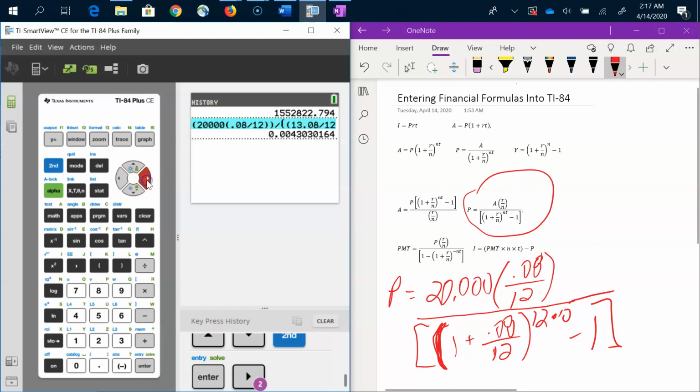Let's try this one more time. Second entry. Where did my cursor go? I should be able to move it. Maybe I'm too far to the right. Okay.